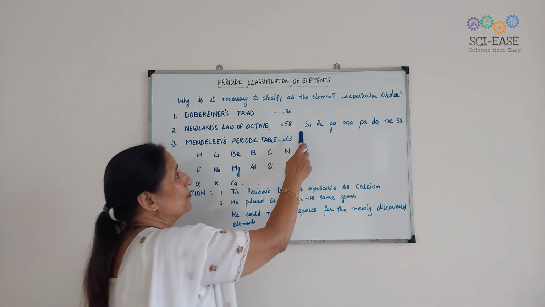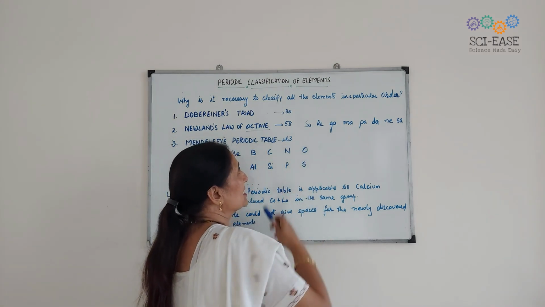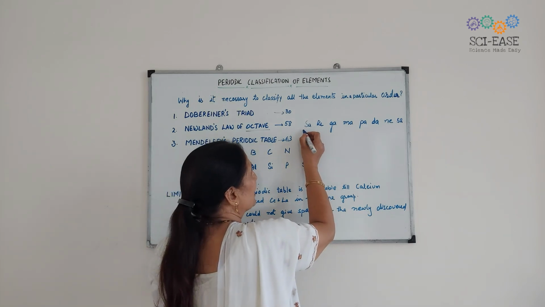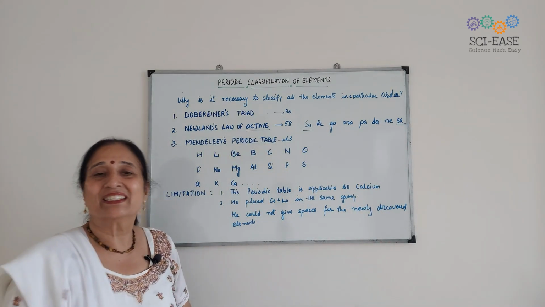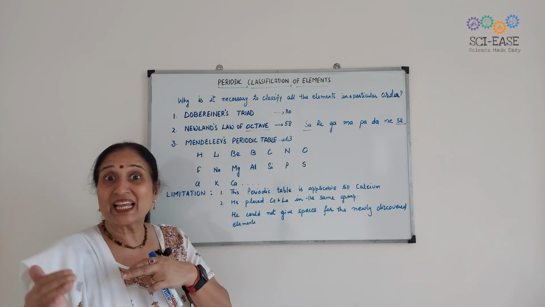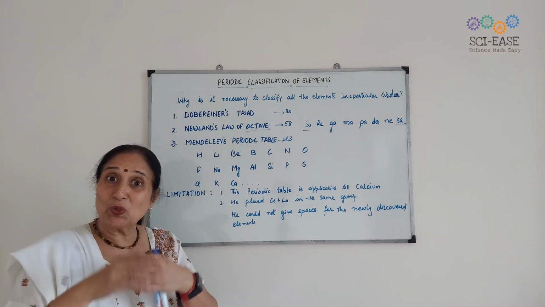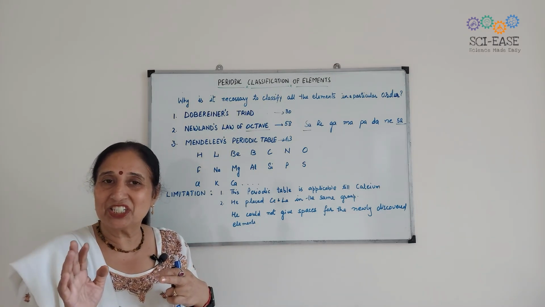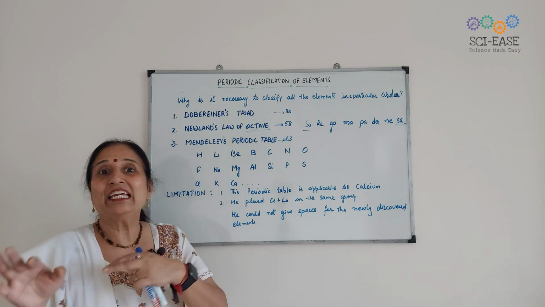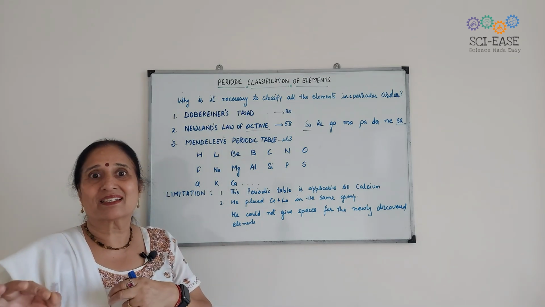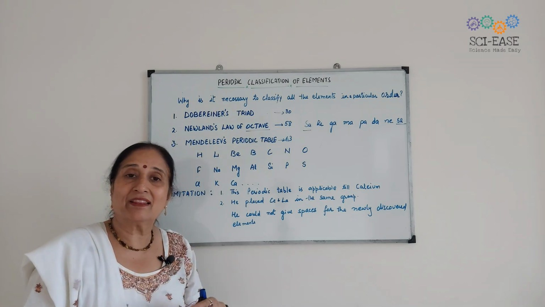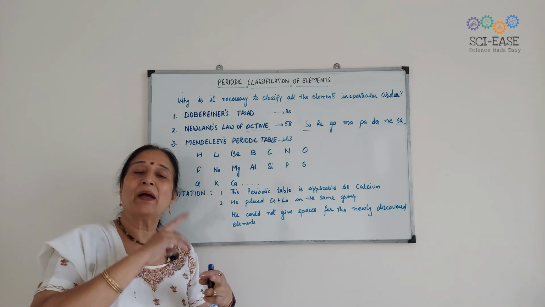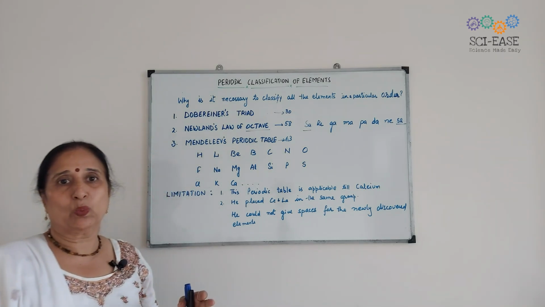So, suppose the first element is this, and the 8th element is again Sa. It has the same property. He took this into consideration. That is why he gave this law that every 8th element resembles the first one.